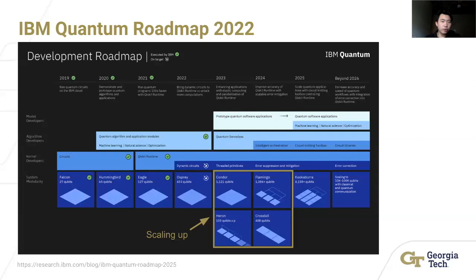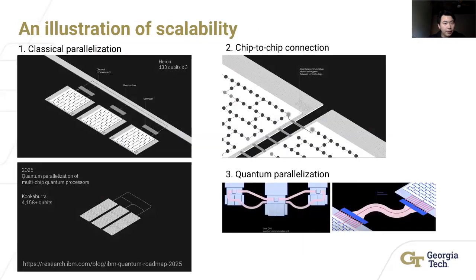Next, I want to give a sense of scaling up. This is from IBM Quantum's roadmap this year. They have been planning to go up to 4,000-qubit hardware by 2025. Three technologies would make it possible. First, classical parallelization.